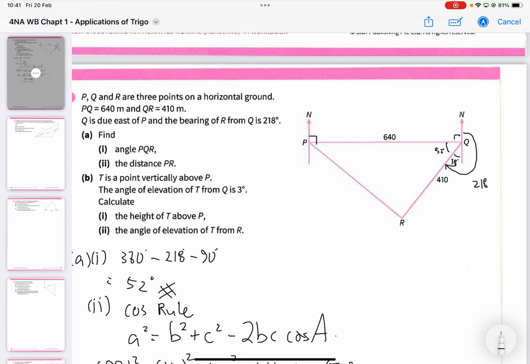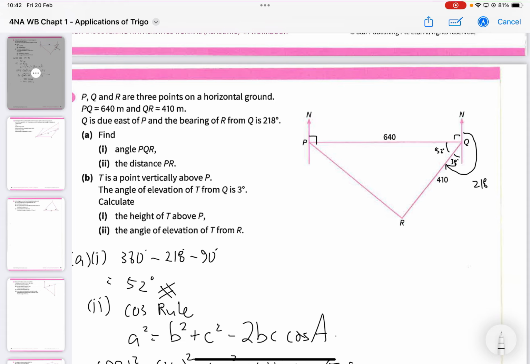If we join this tip to Q, now we actually have a right angle triangle. If I turn this thing outwards like that, it is sticking out. Can you see this line and this line form a right angle triangle? So you must be able to visualize that part.